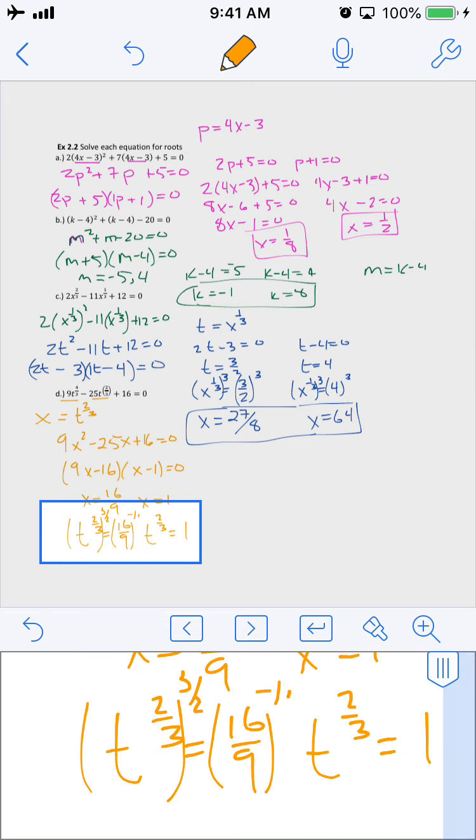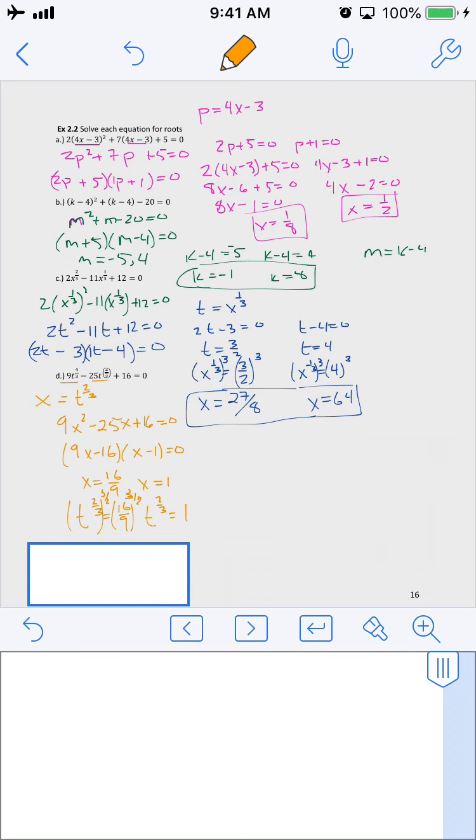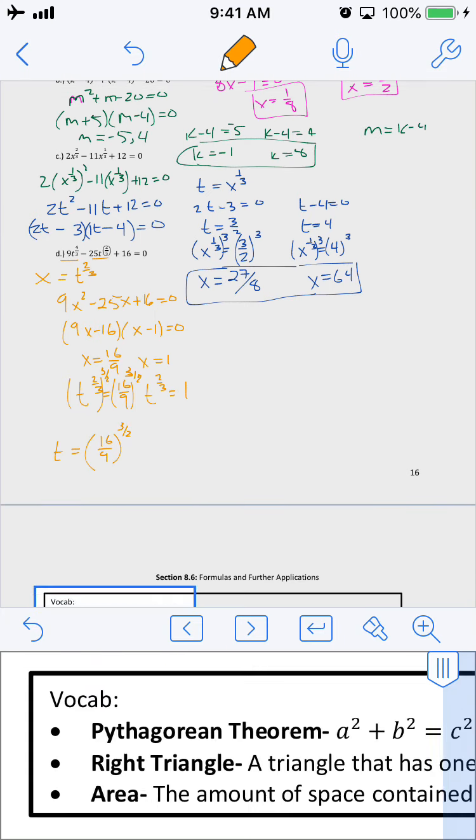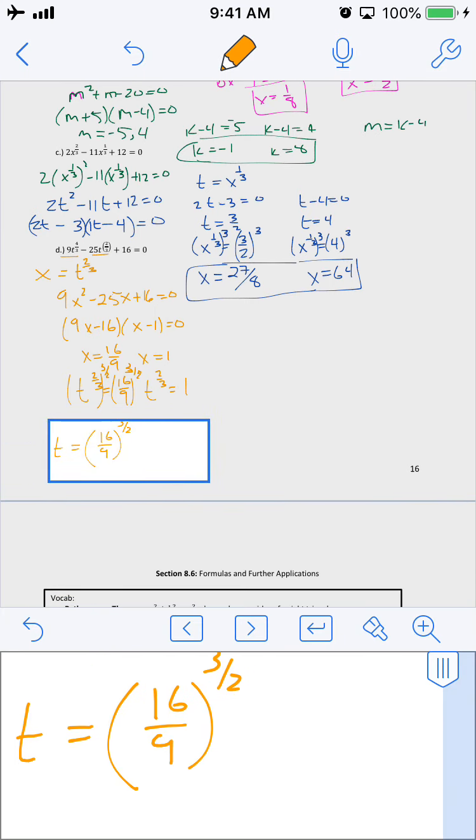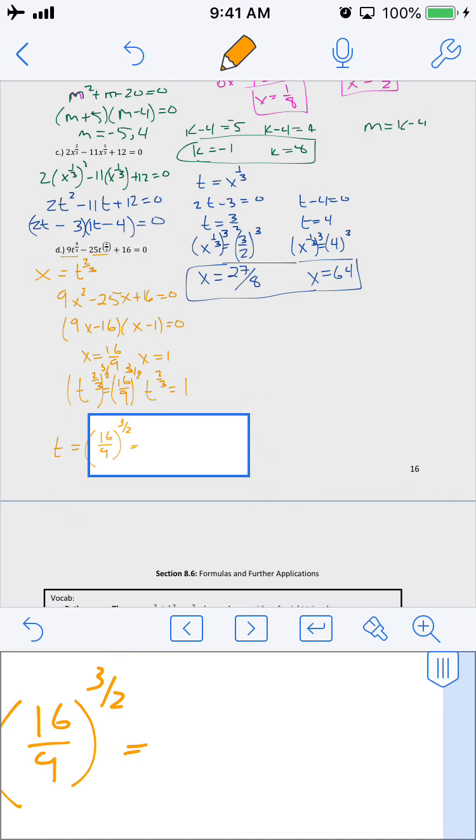Raise that to the 3/2. So we get t is equal to 16 over 9 to the 3/2, which is the same thing. Oh, I've run out of page. As, we'll go this way.